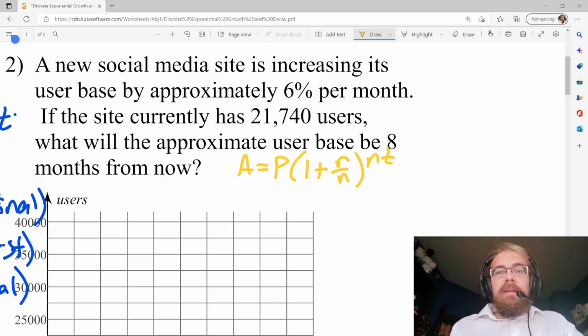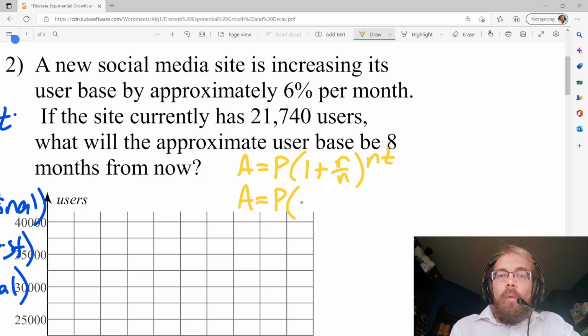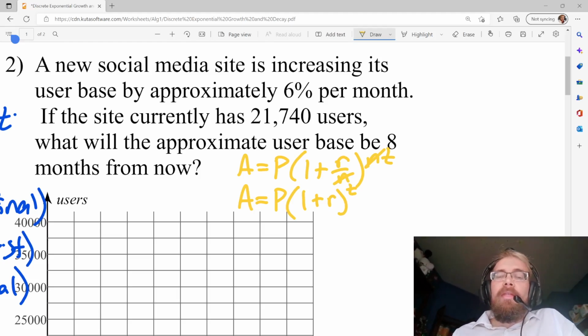So for the final amount, if you wanted a compounding once formula, then n would just go away, because it's r over 1, which is r. And n is 1. 1 times anything is that number. So if you want another formula, this one is a little easier. This is the formula if you're compounding once. If one thing is happening at a time, that's the formula you might use.